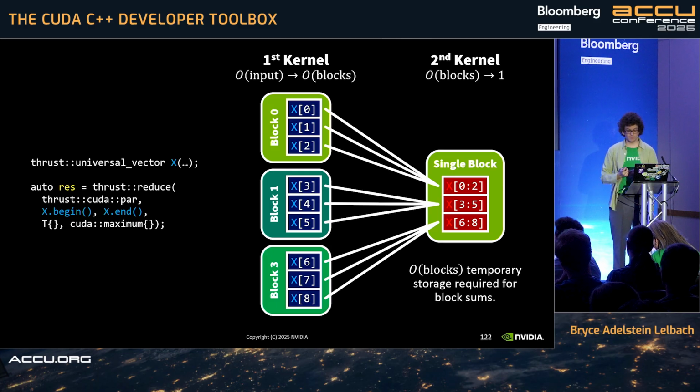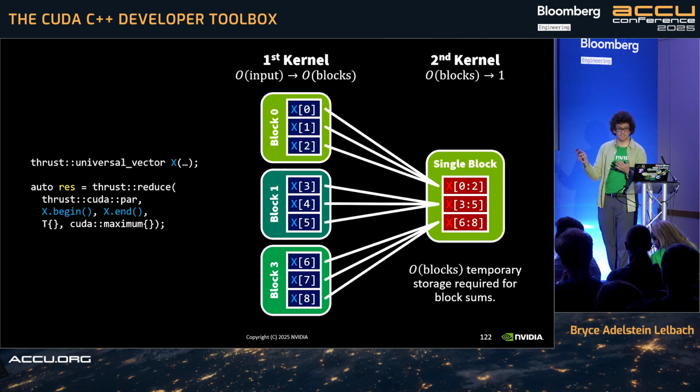A second pass will then use a single block of threads to reduce the aggregates in the temporary array to a single result. And so this avoids any need for any sort of global synchronization or atomics. So with Thrust, the temporary array allocation and deallocation is done implicitly within the algorithm.